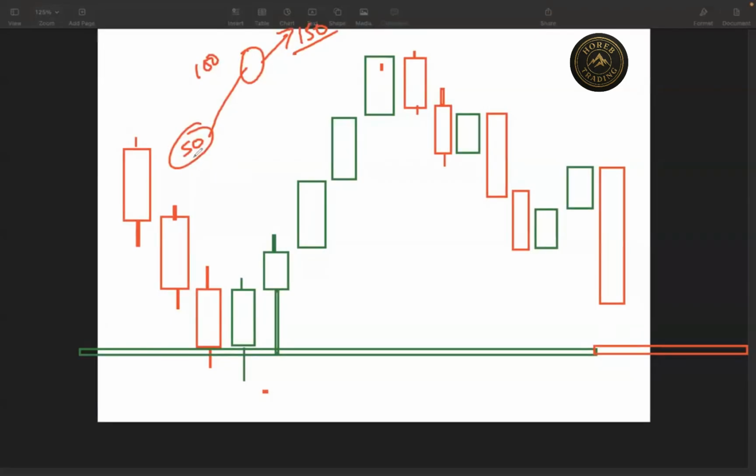The buyers will enter because they saw the benefit that you made within one day. This is how support works, because they saw what happened before. Those that have missed the move will come and enter strongly the second time. So this is how support works.